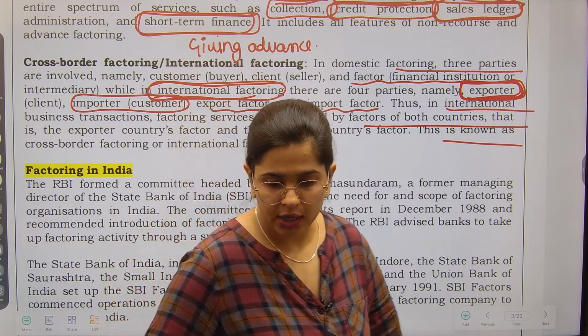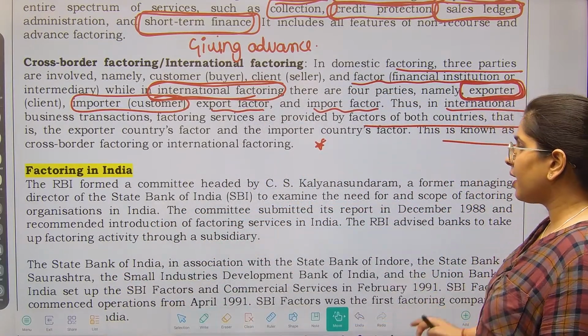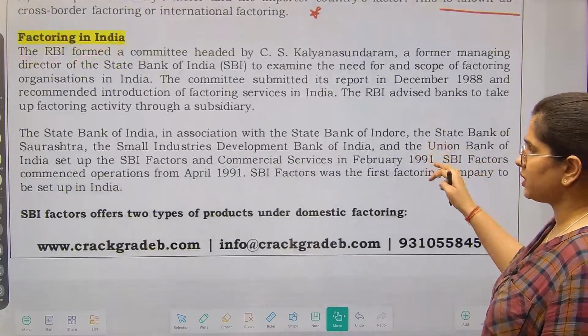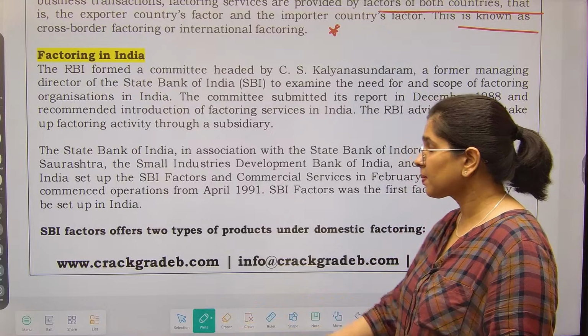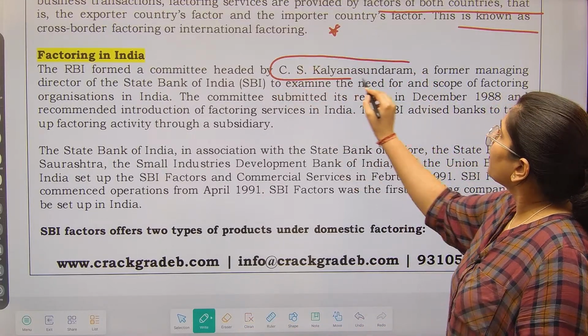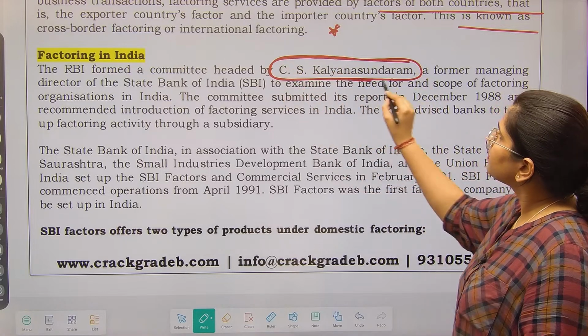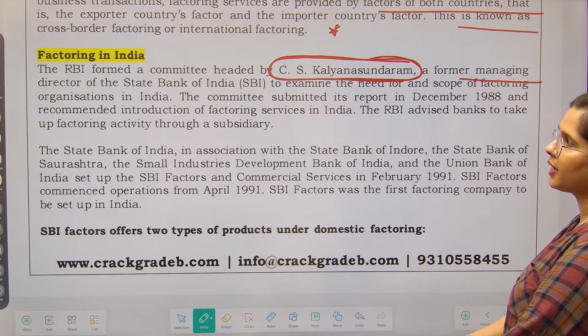Now next is talking about factoring in India. There are a few things that you have to see over here. Number one, there is a committee formed by the RBI, the C. S. Kalyanasundaram committee, the former managing director of the SBI.